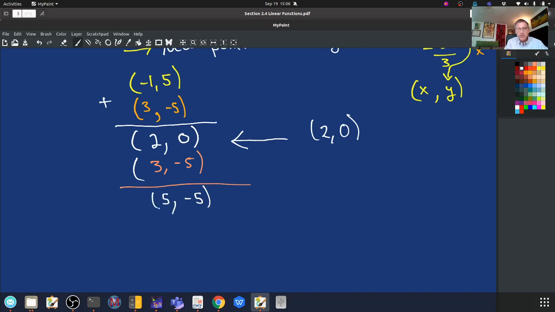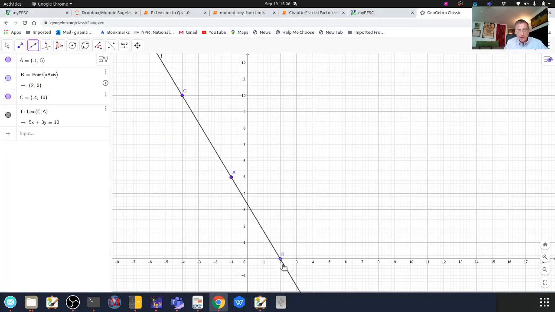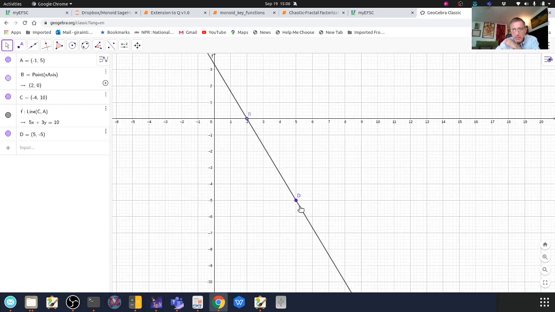So 2 and 0, 5 and minus 5. Right there I already have 2 and 0. Let's add 5 and minus 5. And lo and behold, when I move up here, we will find the point D is on the line. So you can do it any way you want. You can just do it visually with a graph, or you can use the adder point method.